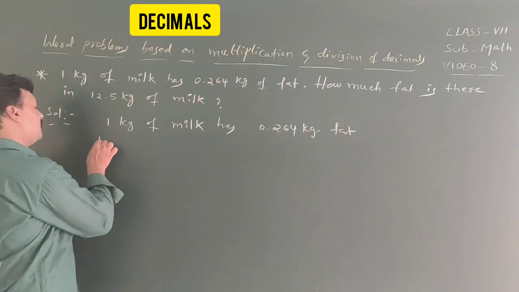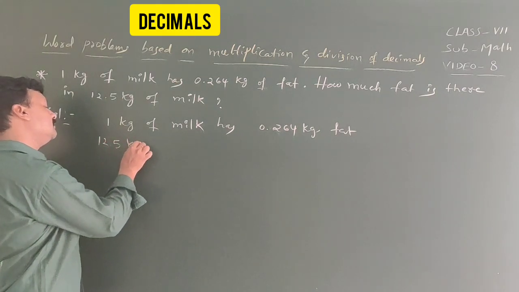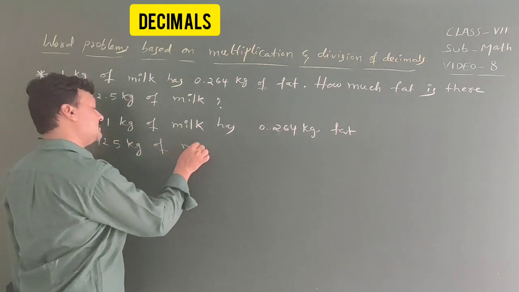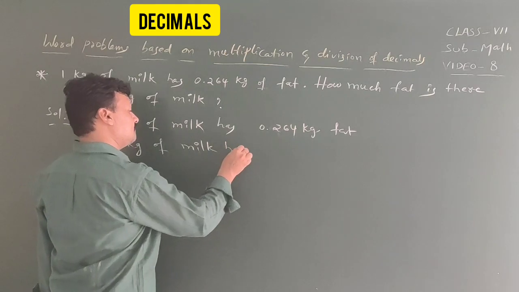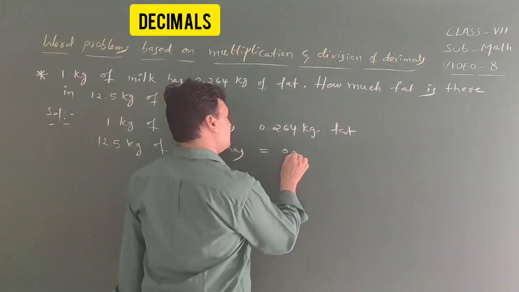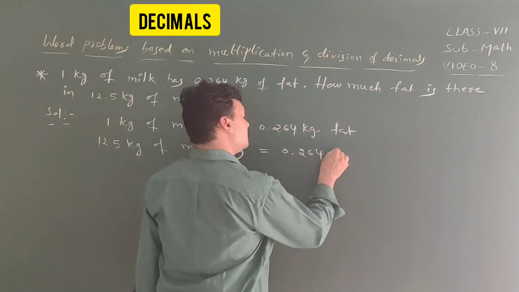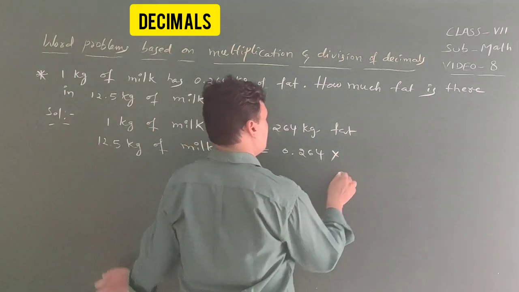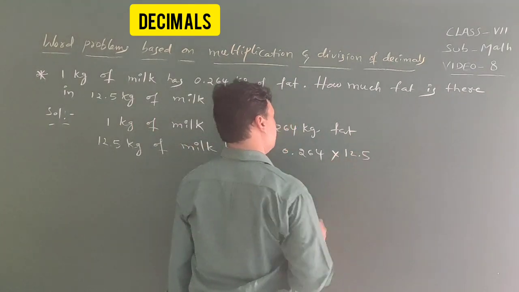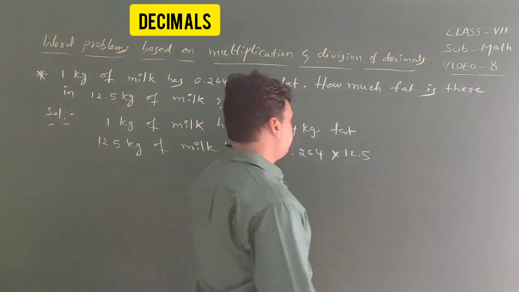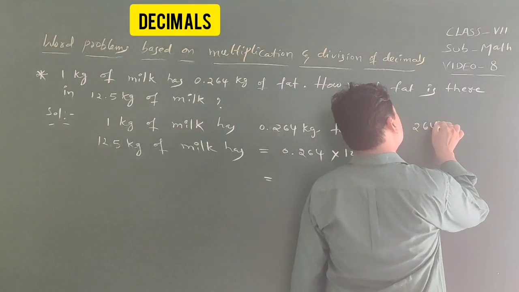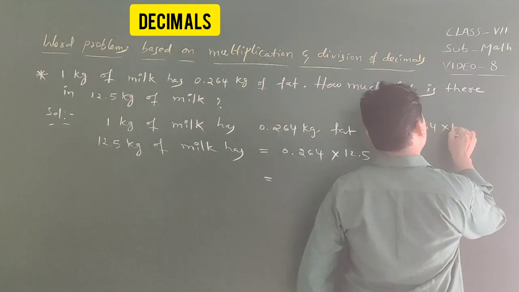For 12.5 kg of milk, it has 0.264 into 12.5. Here 264 into 125.